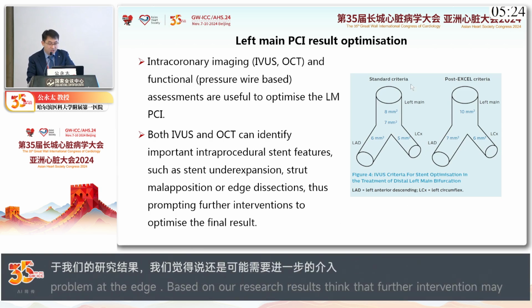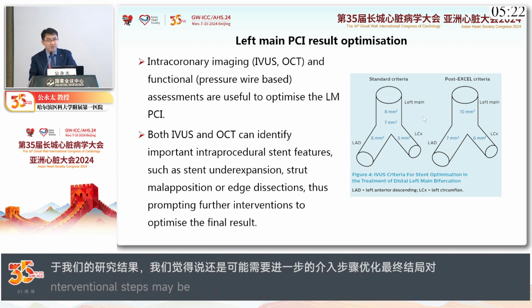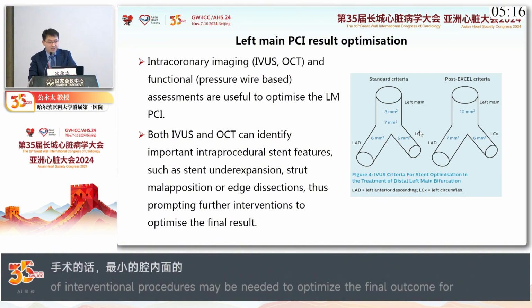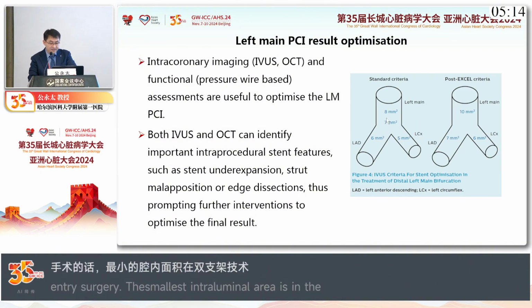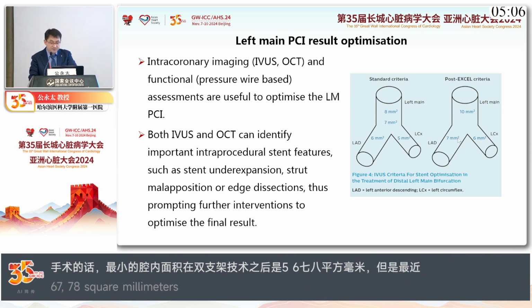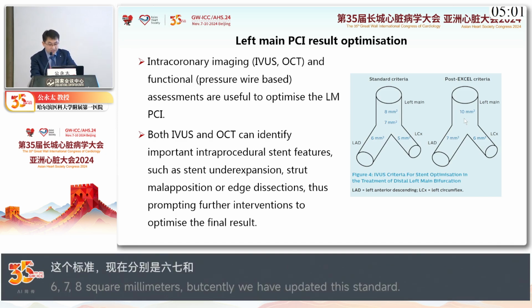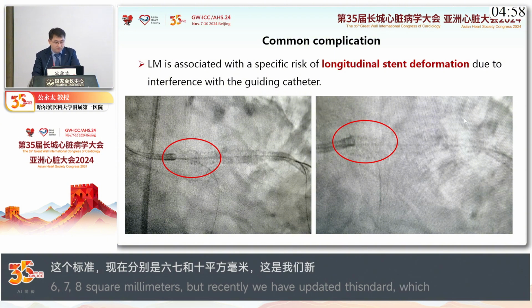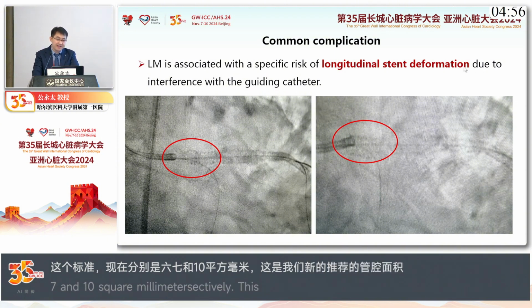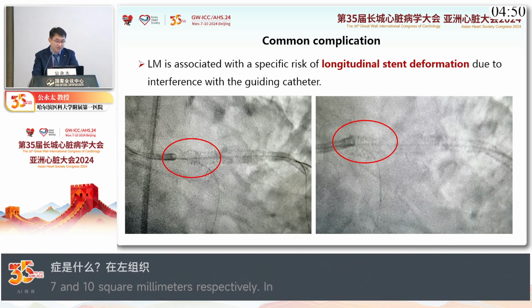For standard criteria, the minimal lumen area after stenting is respectively 5, 6, 7, 8 square millimeters. But recently, 6, 7, 10 square millimeters is recommended. The most common complication in left main PCI procedures is longitudinal stent deformation.